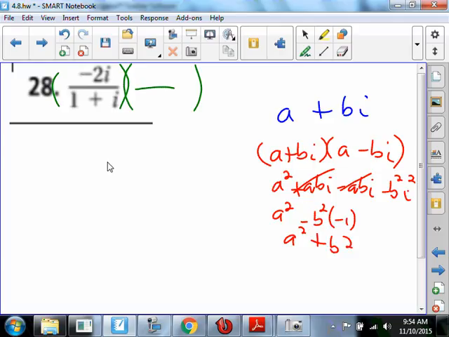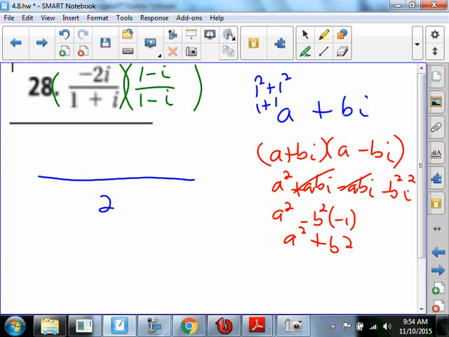Moral of the story is, here we're going to multiply by 1 minus i over 1 minus i. In the denominator, if we follow that formula, we get 1 squared plus 1 squared, which is 1 plus 1, which is 2. Well, that little formula is pretty handy. Yeah, it is. Make sure you know it.